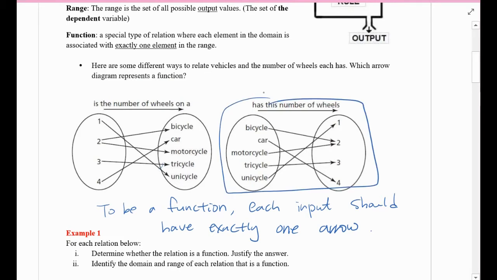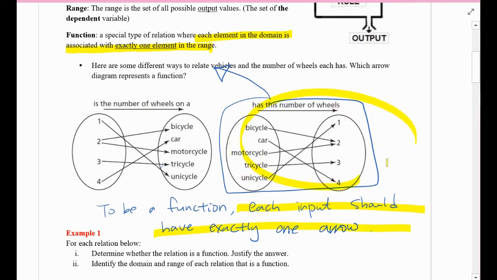This is a function, because each element in the domain is associated with exactly 1 element in the range. Each input should have exactly 1 arrow, right? So this is the function and this is not a function.